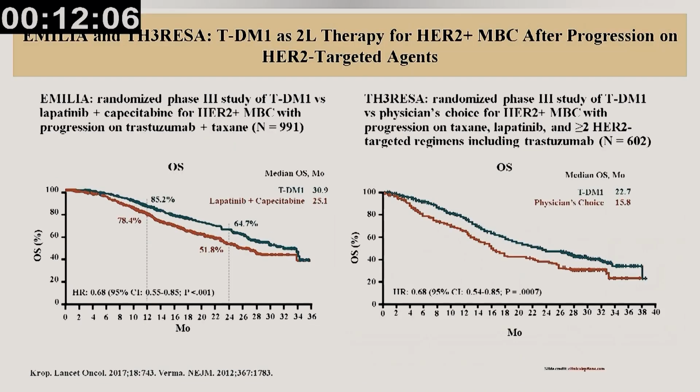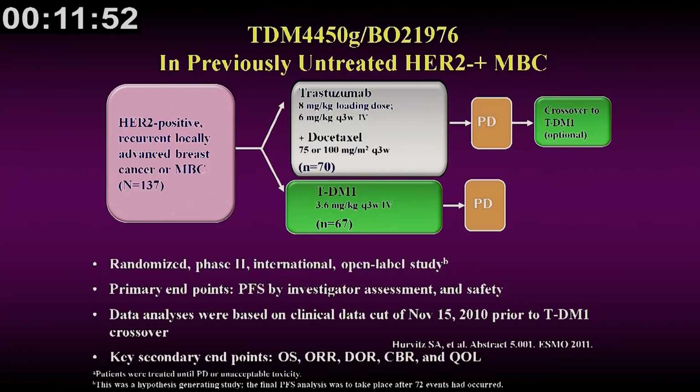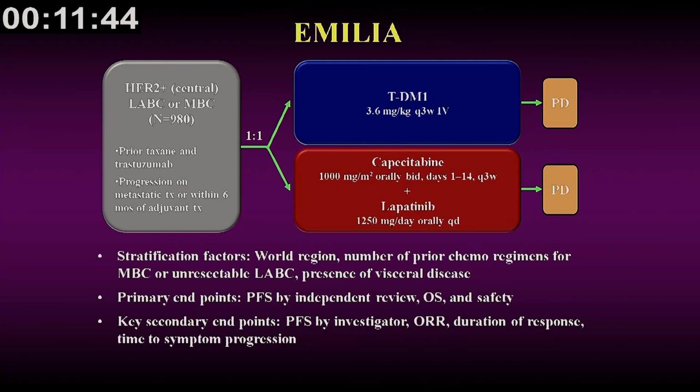So these are the two studies, the Emilia and the Teresa, which showed that it was beneficial as compared to using the chemotherapy agents, when TDM1 was superior to them. This is a study in which these patients were naive to the targeting of HER2, and this study was post-progression on HER2 targeting.